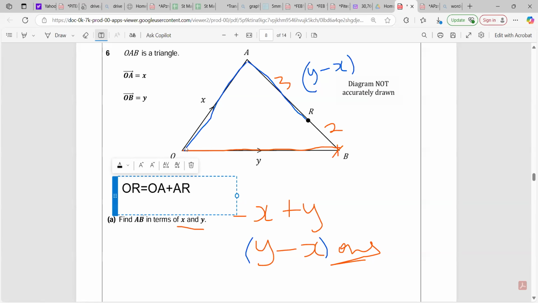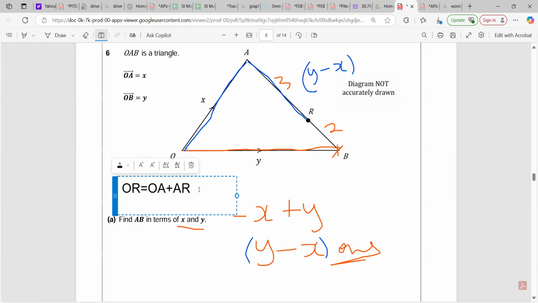Because you're gonna go from here to here and then here. I'm gonna try it from here to here to see if I get the same thing. Well, let us prove it. If this doesn't prove it, we can go the other route.